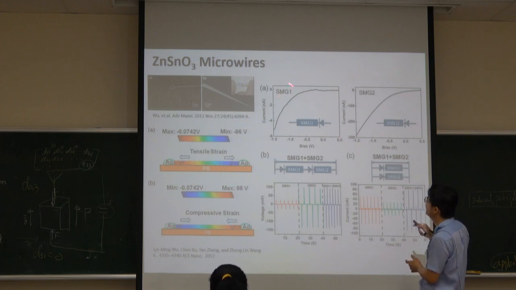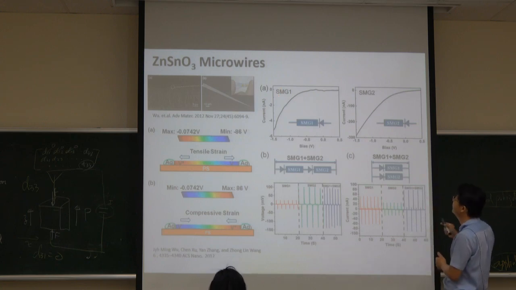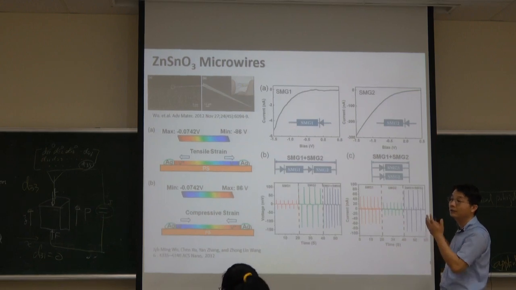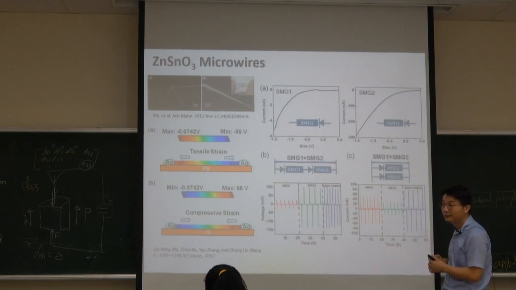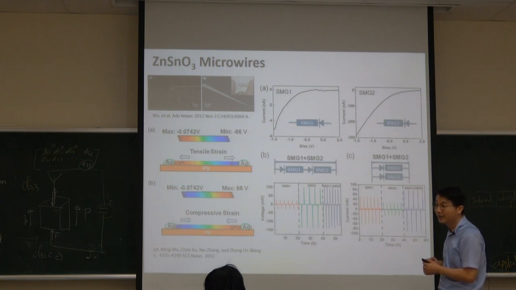SMG1 is one generator, and SMG2 is another generator. Can you tell me about the IV curve? Is this Schottky behavior or ohmic behavior? This is Schottky behavior on a single side.